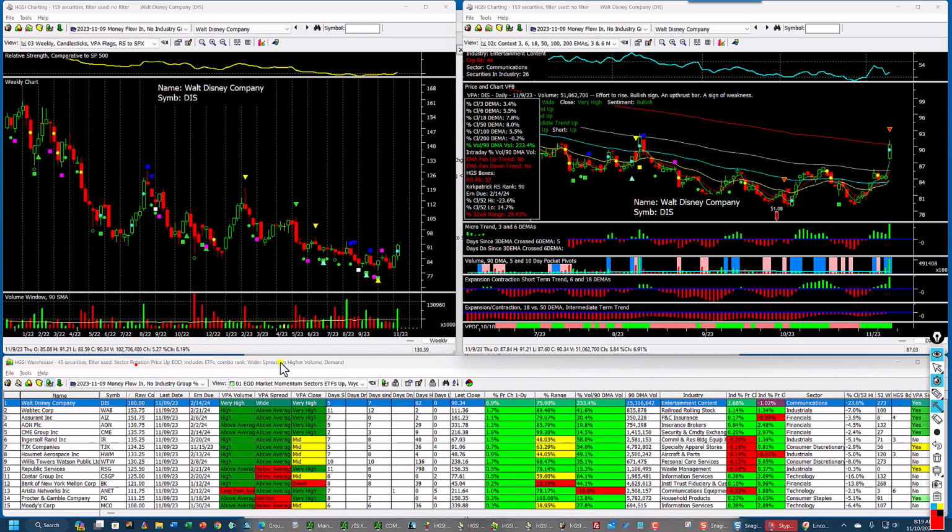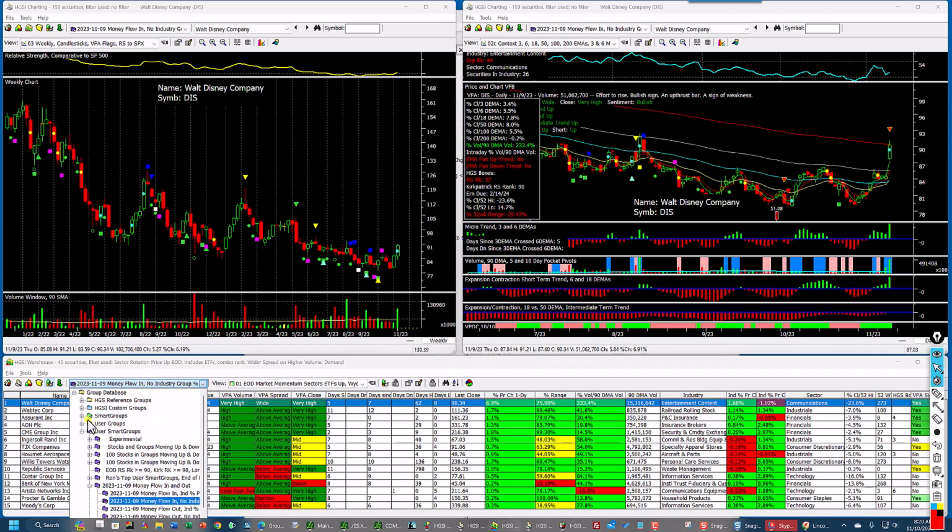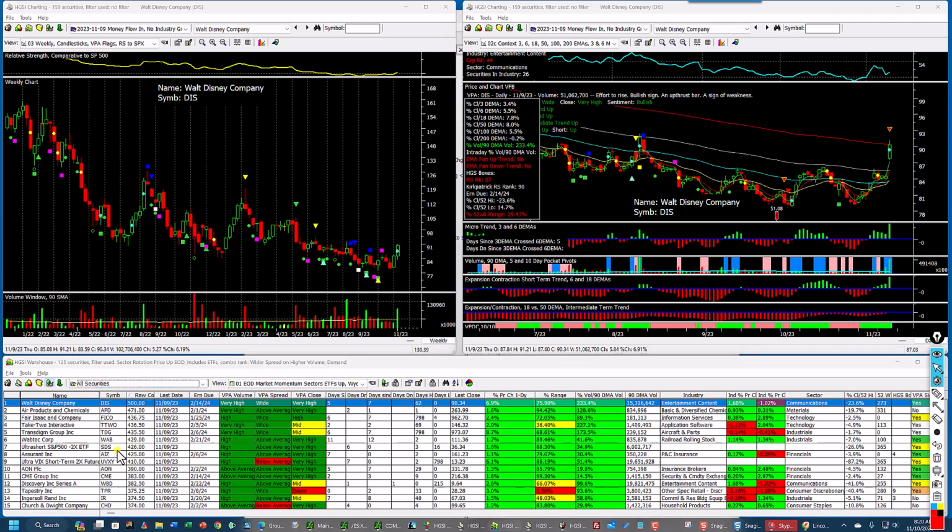I'm going to go up here and change it to all securities. You can use the alternate tab, but I'm going to change it to that. And now there's 125 securities in here, as you can see right here.